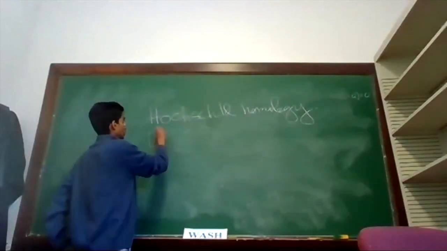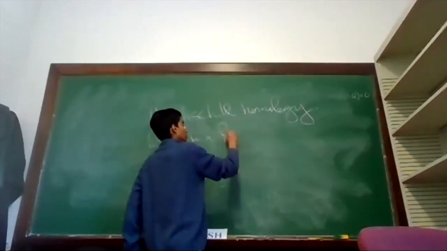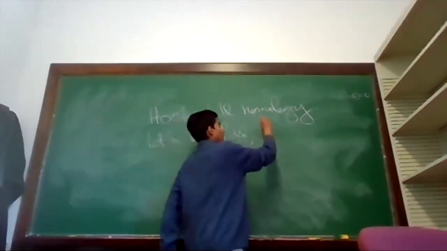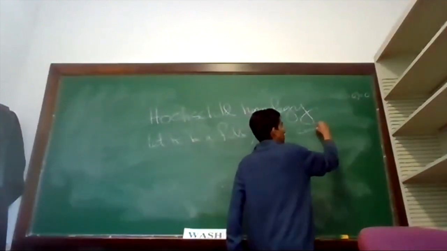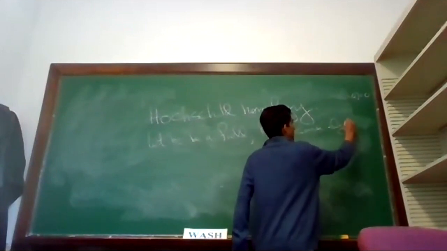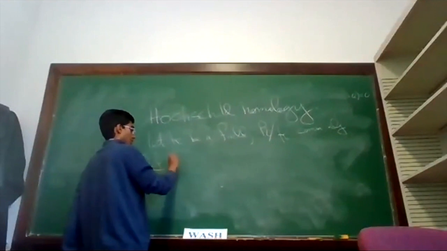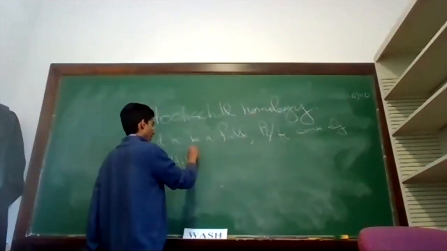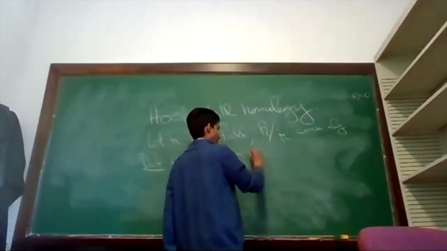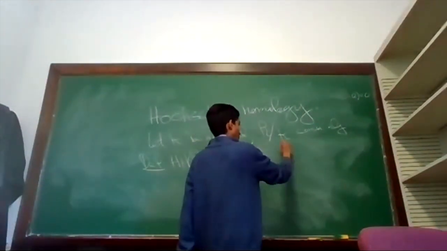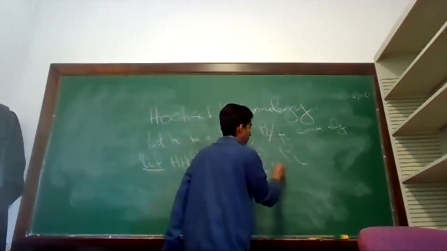So let K be a field, and R over K, let's say a commutative algebra. So then the definition is that the Hochschild complex of R over K is the derived tensor product of R with itself over R tensor_K R.